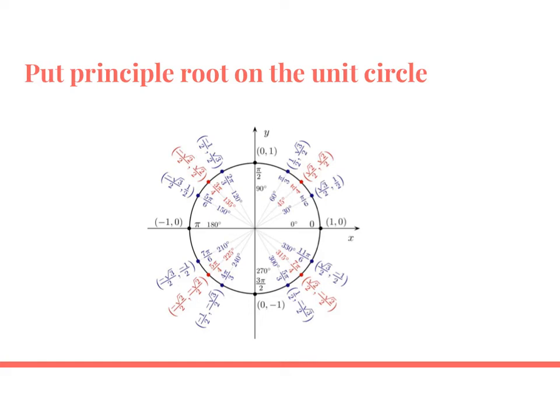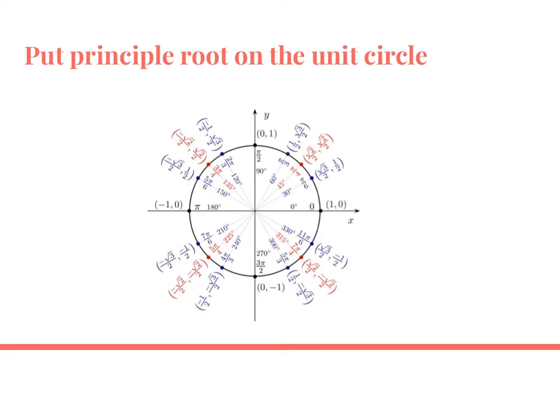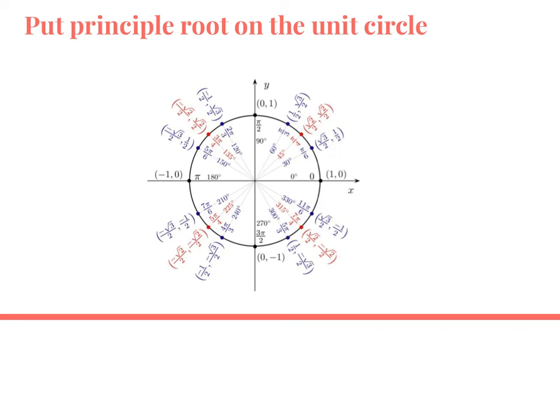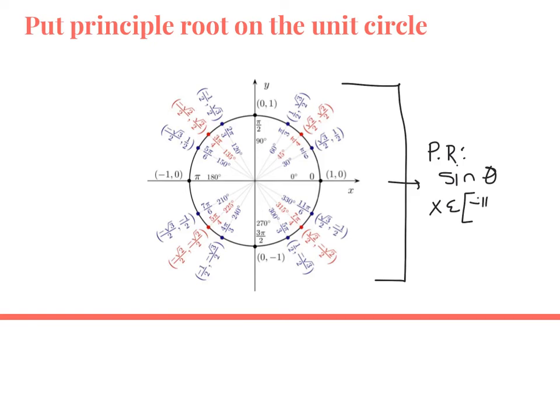So let's take a second and add what we just learned about principal root to our existing unit circle. We know that the principal root for sine is quadrant 1 and 4. I also know that the domain for sine is between negative pi over 2 and positive pi over 2.